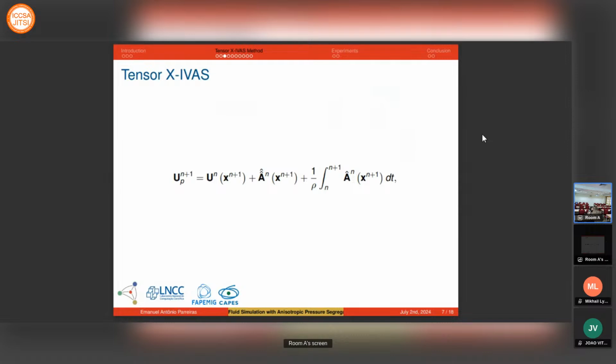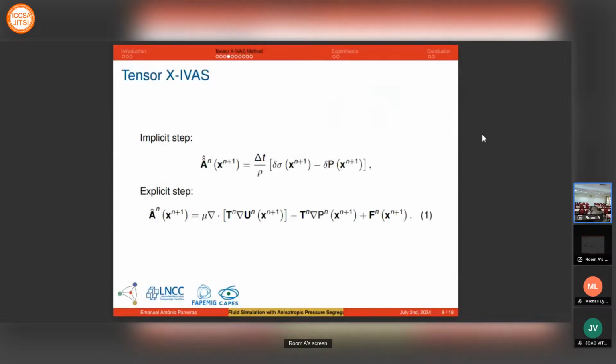To approximate this particle velocity, we have the last velocity of the particle plus the implicit step a double hat plus the integral of the explicit part a hat.